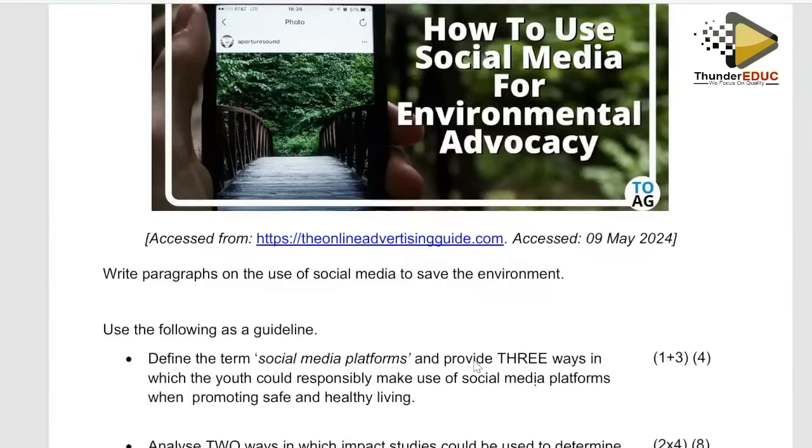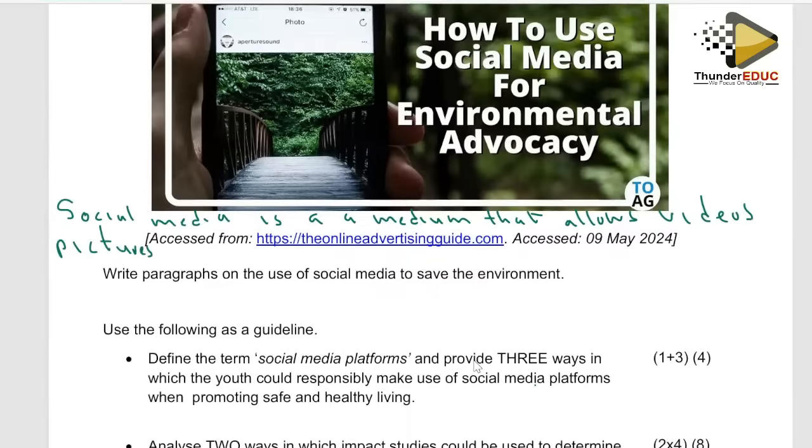So we'll start with a definition of social media. Social media is a medium that allows videos, pictures, and sounds to be shared to the public via the internet.